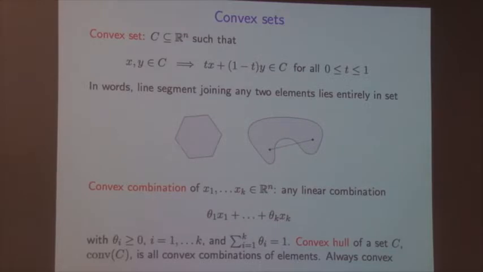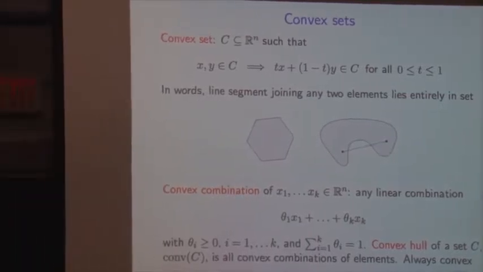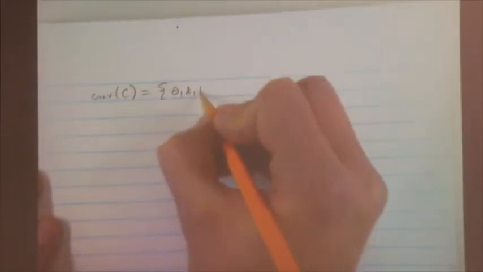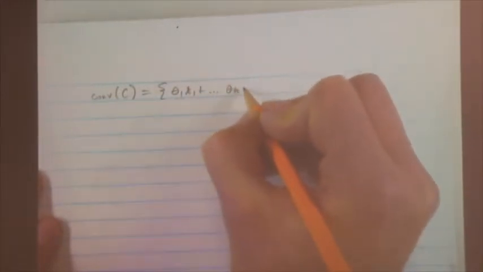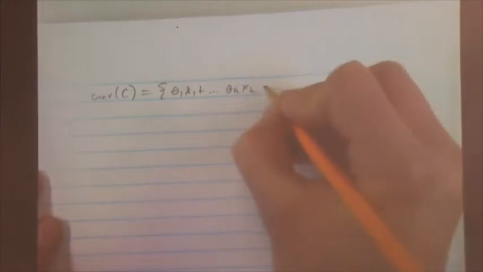The convex hull of a set, which we denote by conv C, is the set of all convex combinations of its elements. So just to be a little more explicit, the convex hull of a set C is the set of all theta_1 x_1 plus dot dot dot theta_k x_k, such that k is just some natural number.